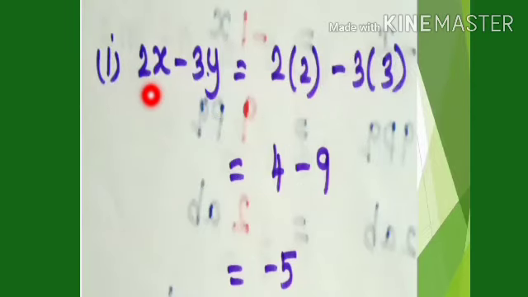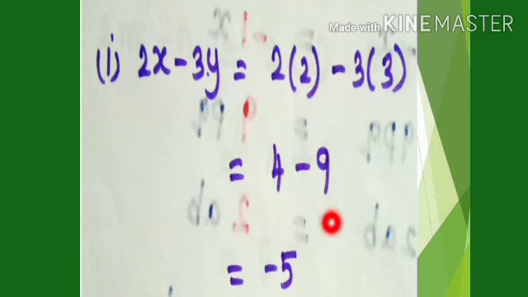Now students, 2x minus 3y, an algebraic expression, is given. Now we have to replace each variable by the given numerical values, x is equal to 2 and y is equal to 3, to obtain an arithmetical expression. Now in the next step, 2 into 2 is 4 and minus 3 into 3 is minus 9.